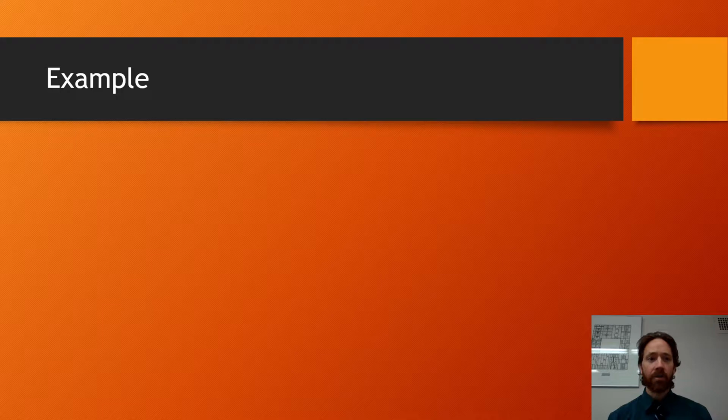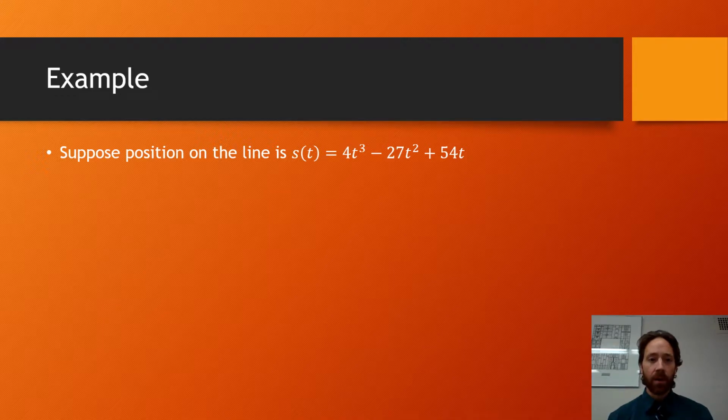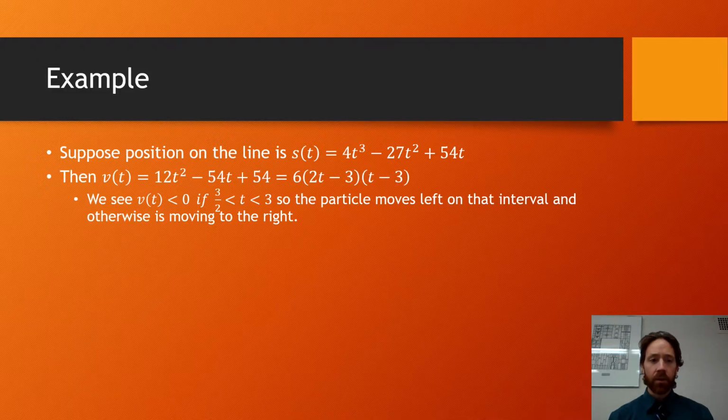Okay, let's look at one example which would be similar to the kind of question we might ask you. Suppose you're given the position function, and let's say it's this nice cubic function. So we can find the velocity, just take a derivative, and I can factor this quadratic.